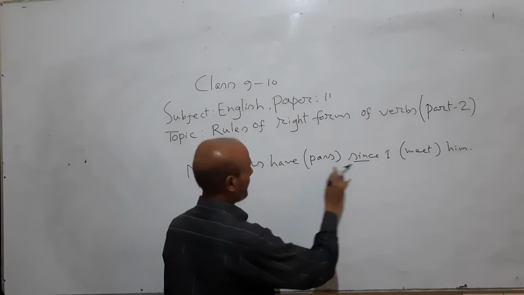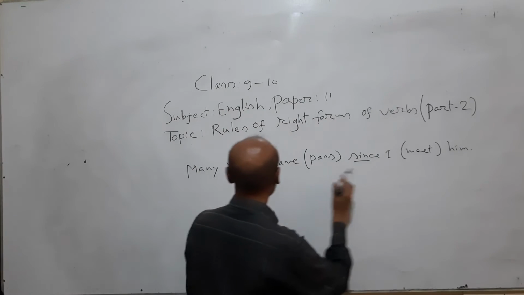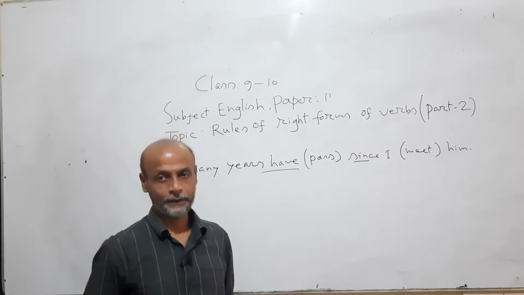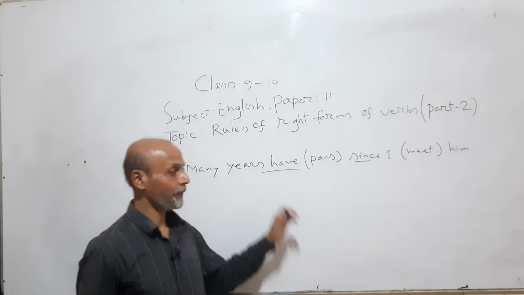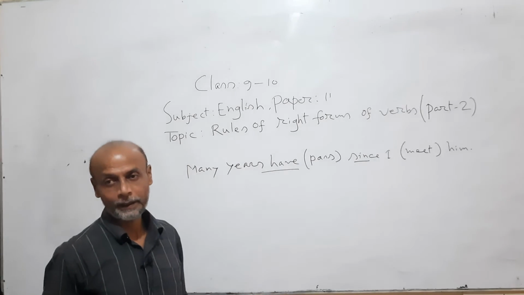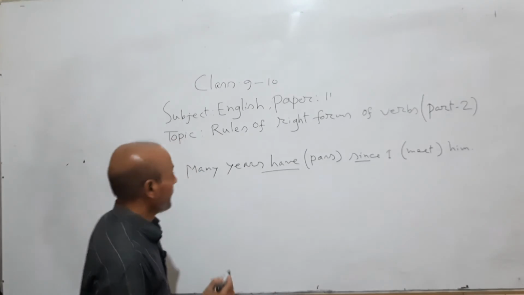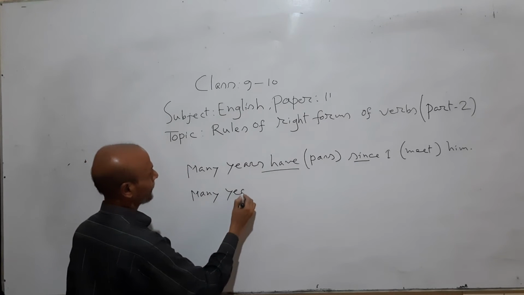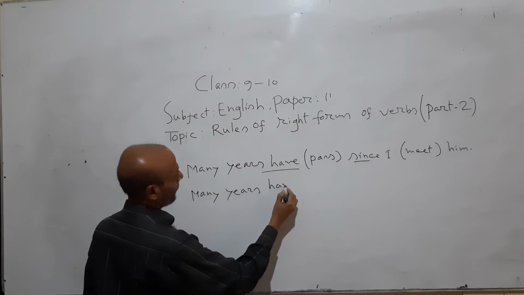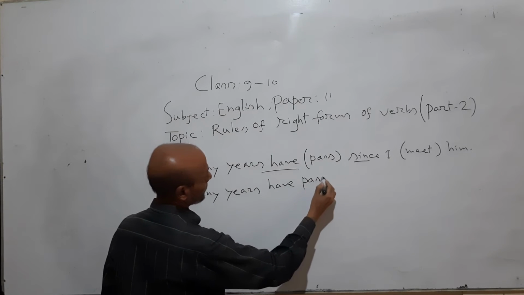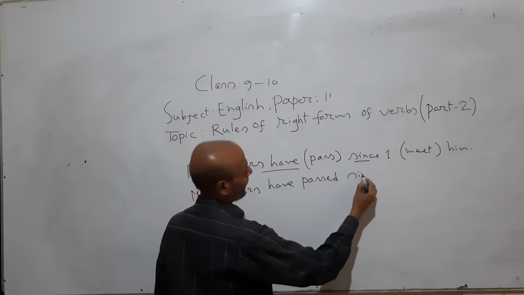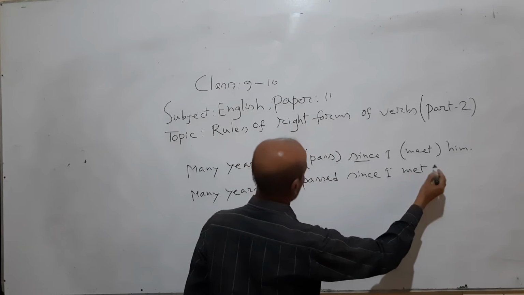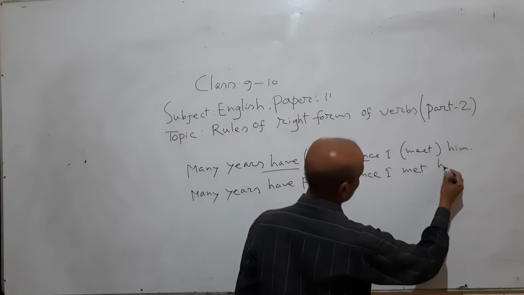There is the since, there is the first part, this is the second part, and look here, it indicates present perfect tense. I have told you present perfect tense and present indefinite tense. That time the answer will be: many years have passed since I met him, with the past indefinite after since.